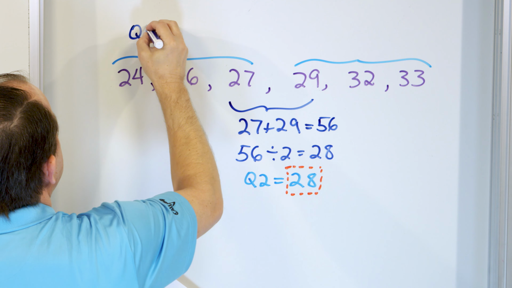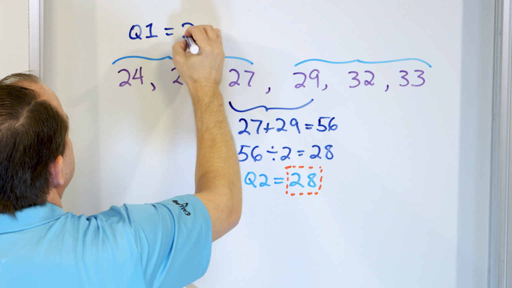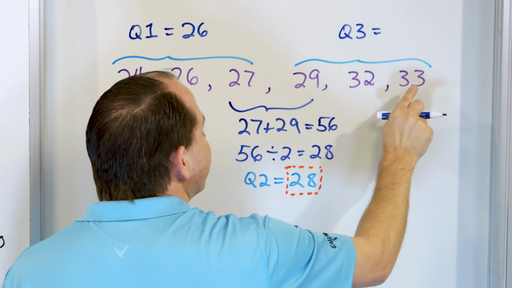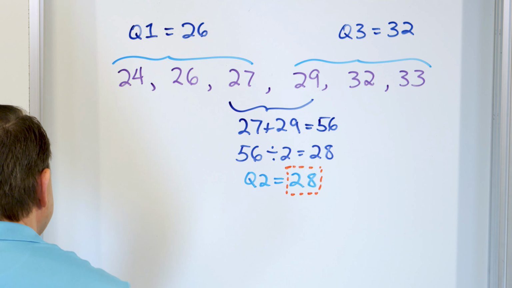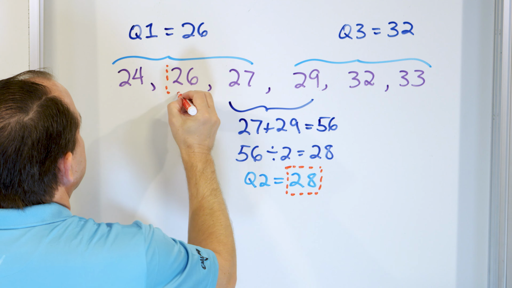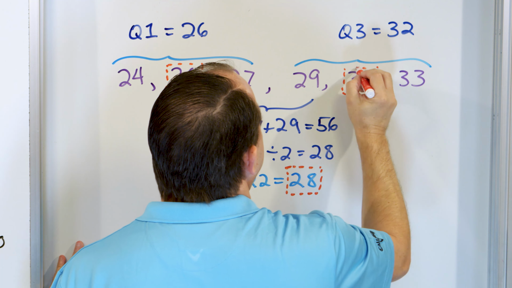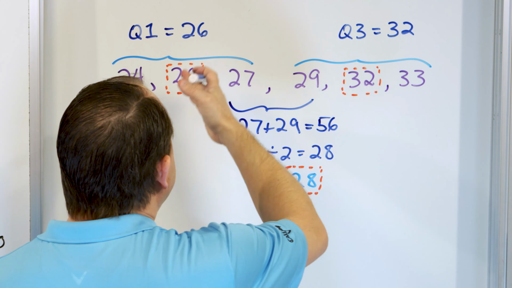So Q1 is just the median, or the middle value, which is in this case 26. And then Q3 is the median, the middle value of these three numbers, which is 32. All right, so I can circle this number as being important and this number as being important. So all of this work was really just designed to find Q1 and Q3.